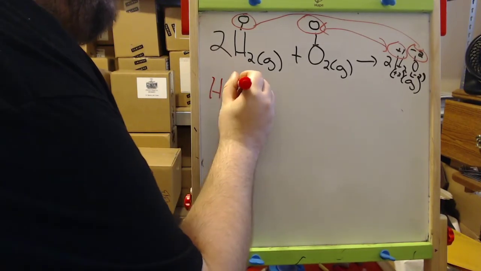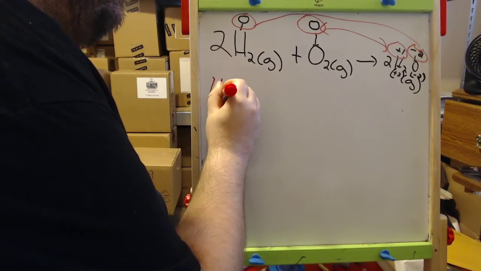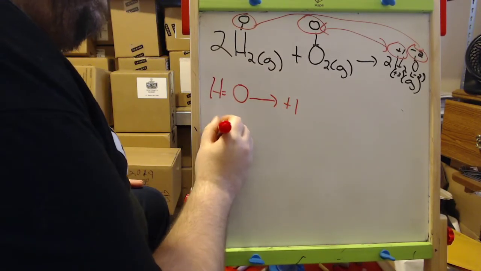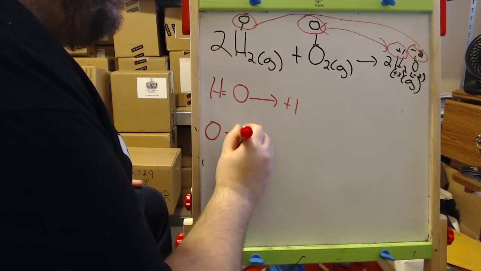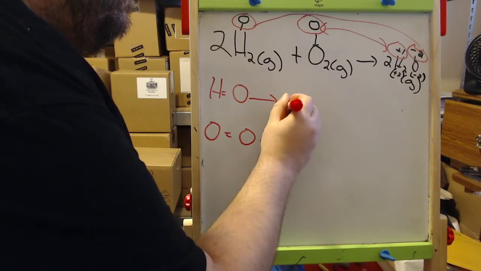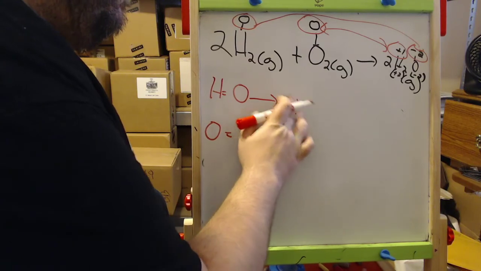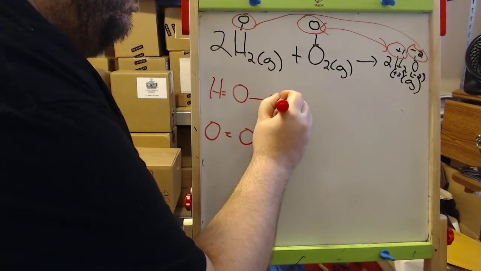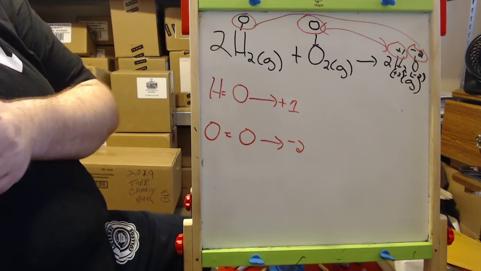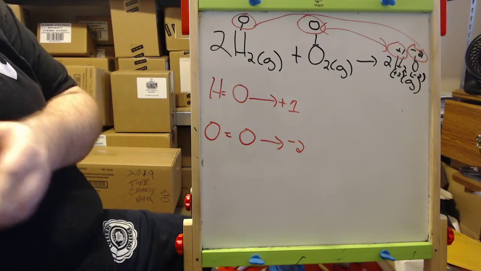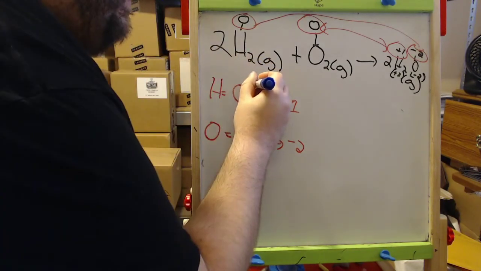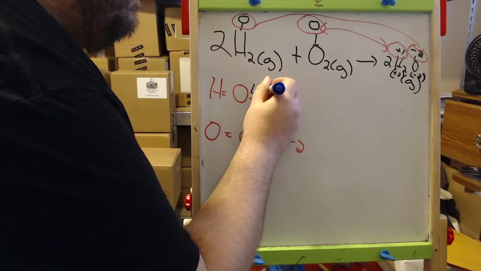Hydrogen went from a 0 to a plus 1. Oxygen went from 0 to minus 2. So, how do I go from a 0 to a plus 1? I had to lose electrons.